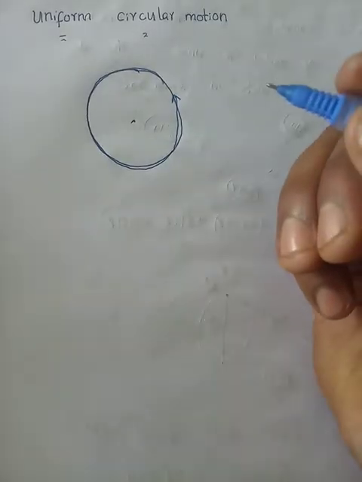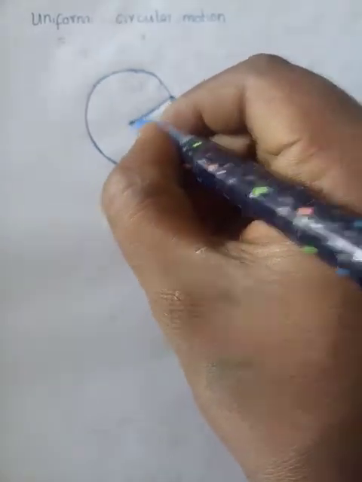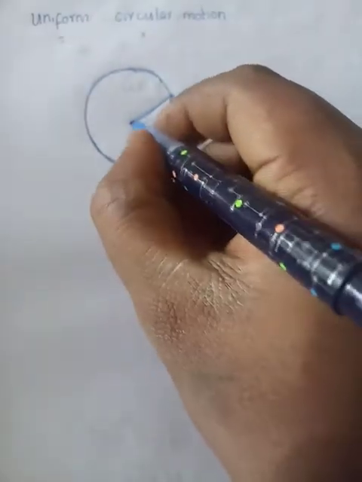If you draw a line to the axis of rotation, that is called the radius vector.